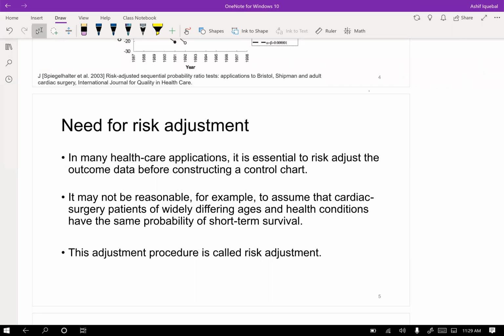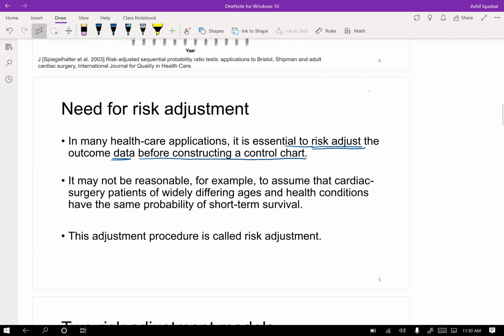So there's always a risk involved in healthcare applications, and it is extremely essential to adjust the risk of the data before constructing a control chart. You want to adjust the risk before constructing a control chart. And this is known as risk adjustment.